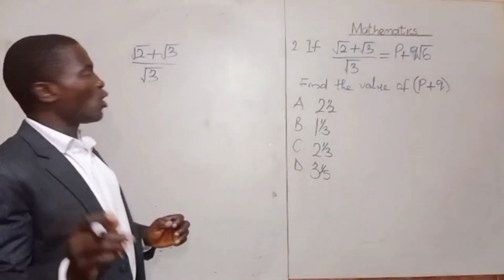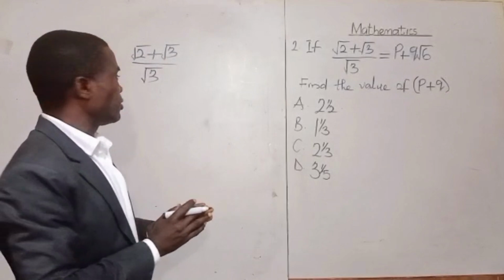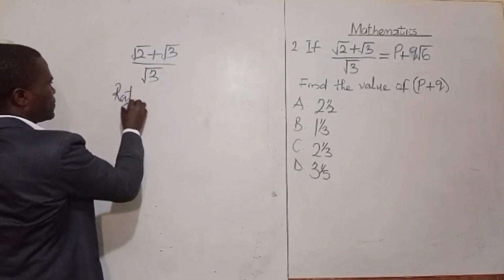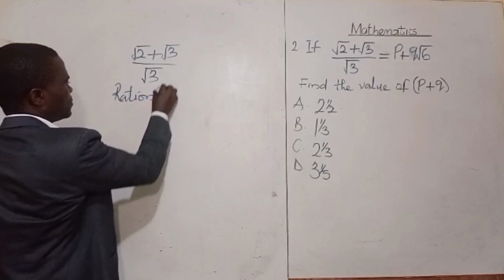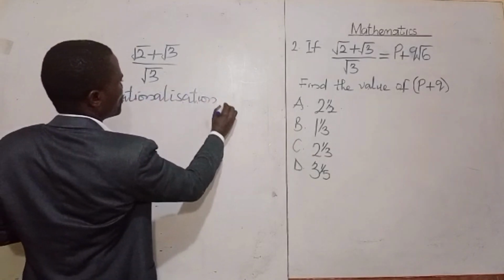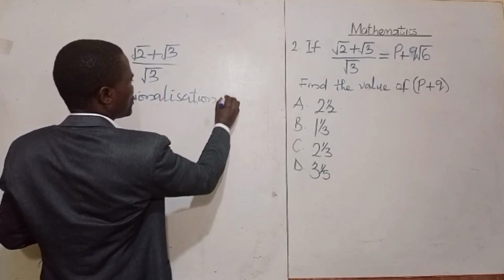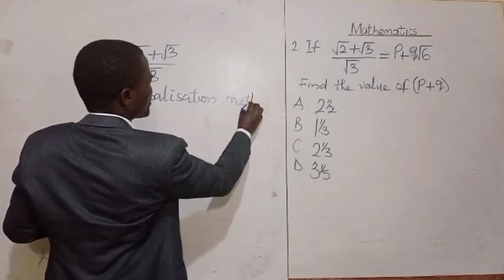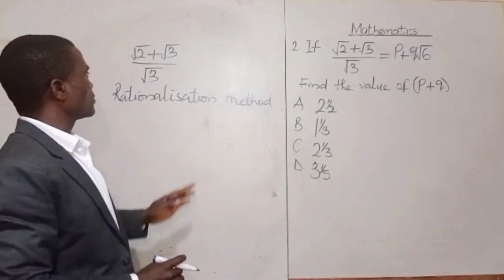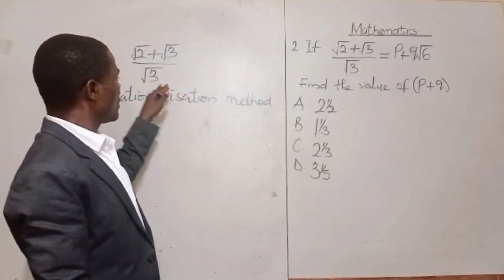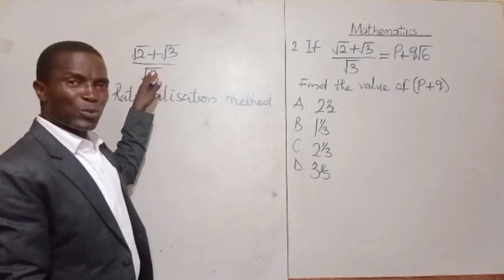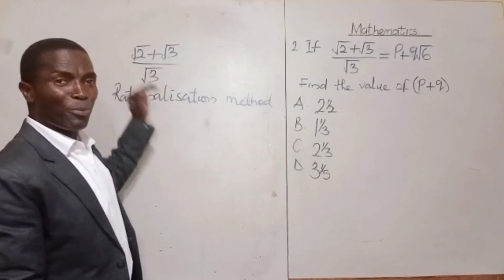There is a principle called the rationalization principle, or rationalization method. We use it mostly to eliminate the square root that is at the denominator.